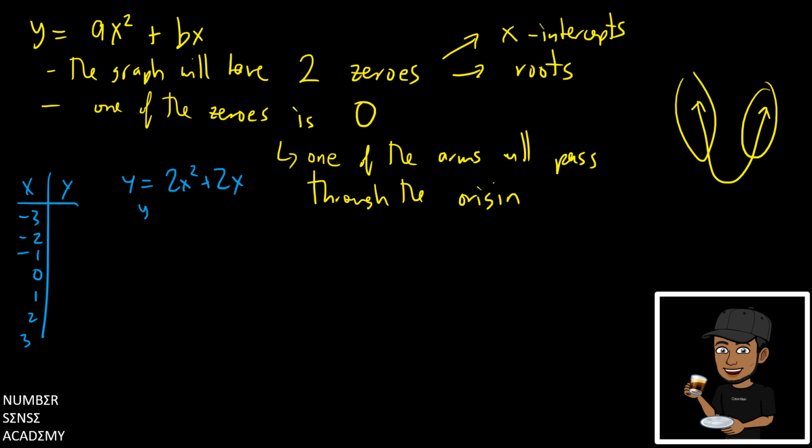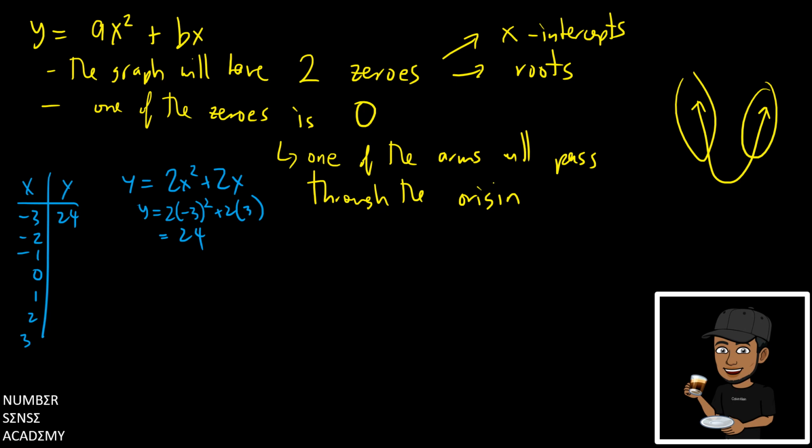I'm going to end up with y is equal to 2 times -3 squared plus 2 times 3, which is equal to -3 squared is 9 times 2 is 18 plus 2 times 3 is 24. So this is 24. If I do this for all the values, so I have 24, and then I have -2 squared.